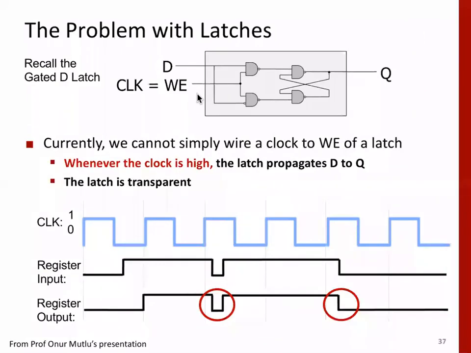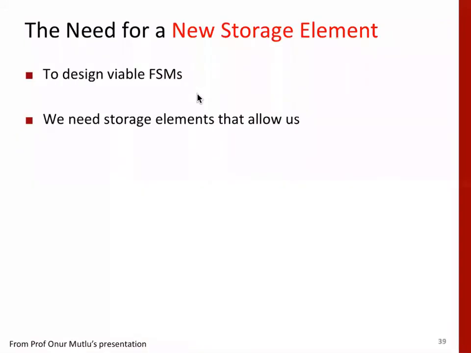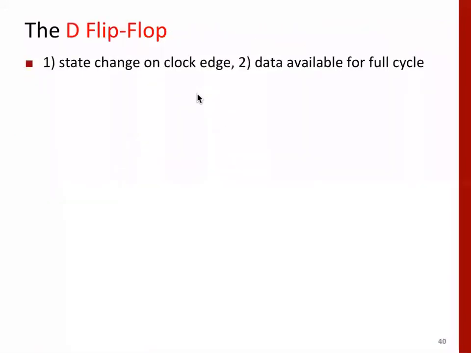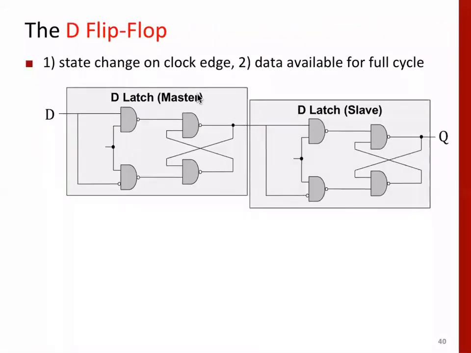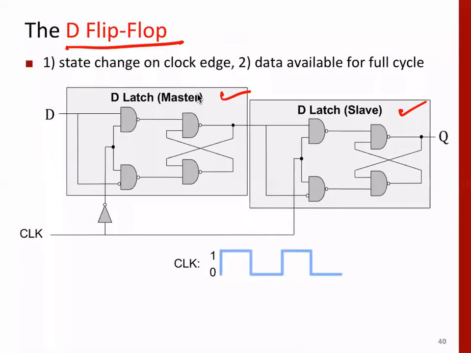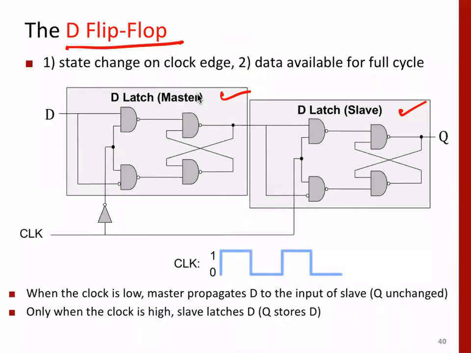If we design a storage element like a D type flip flop using master and slave, then we take care of this problem. So we don't have glitch, and whatever input goes into a rising edge is available throughout the cycle. This is the reason we use a D type flip flop to design a register.